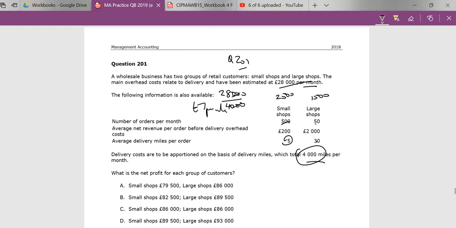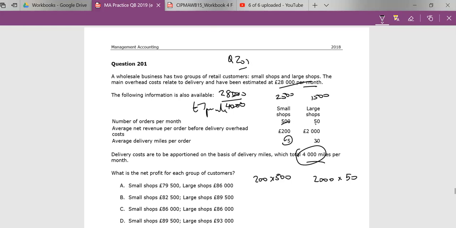Okay, so now we literally answer the question. They want to know what's going on with profit. You're making 200 with every order, and you sell 500 orders, so we have 200 times 500. Then you're making 2,000 on each order and you sell 50 orders, so 2,000 times 50. That's the revenue.